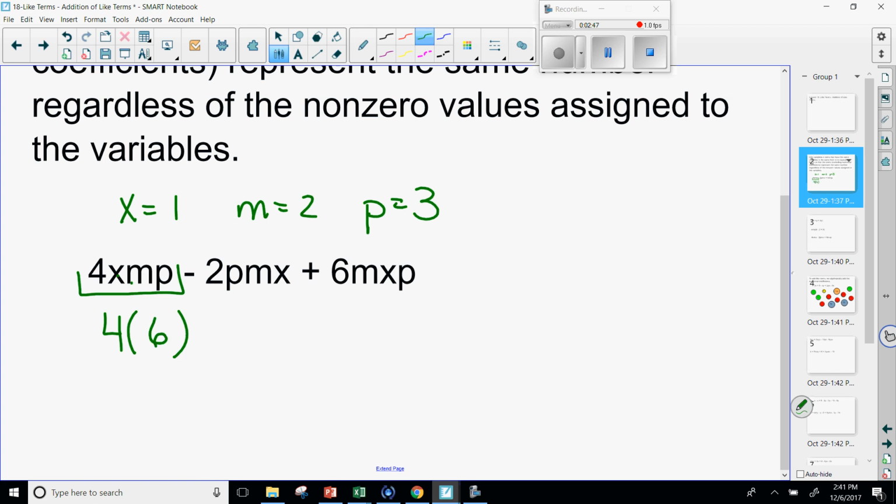And this next part would be minus 2 times, if I take 3 times 2 times 1, you get 6. And the last term would be 6 times 2 times 1 is 2 times 3 is 6. They all have this 6 in common. The only difference is this number in front, which is the numerical coefficient.